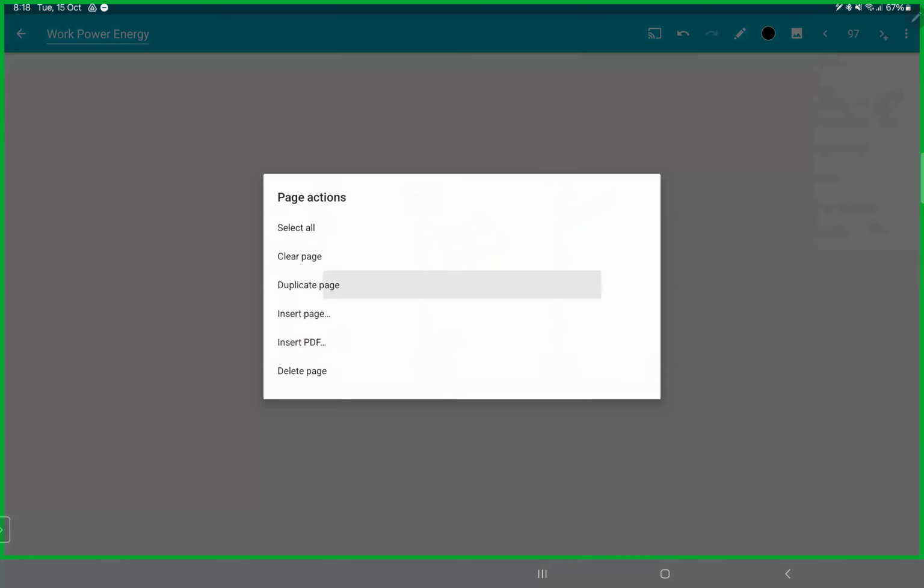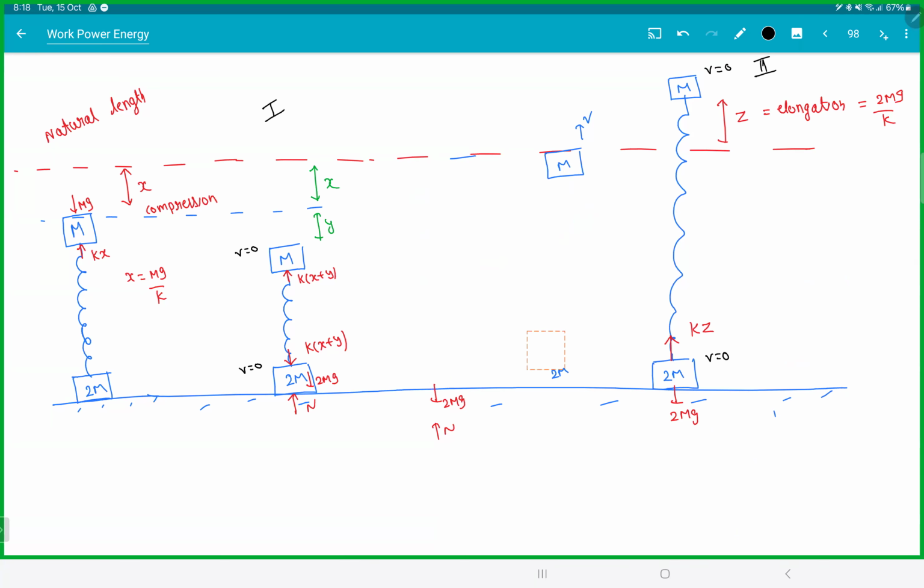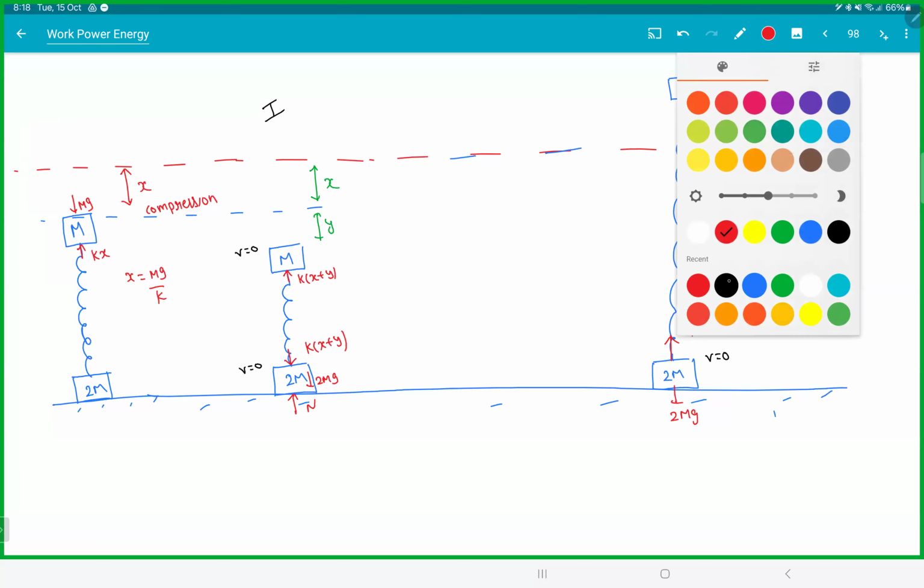Now you're done. Let's try to solve. So this is my state 1. This is my state 2. I'll just erase all the stuff in the middle. So this is also 2mg by k. Perfect. So this is my state 1.